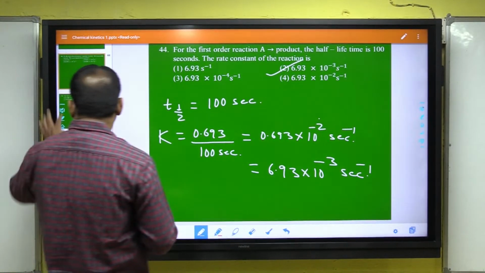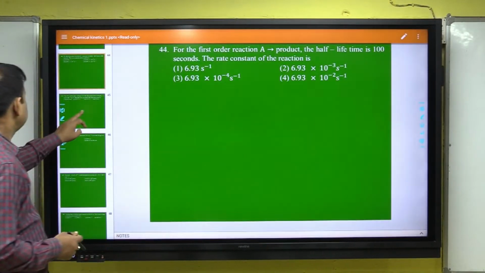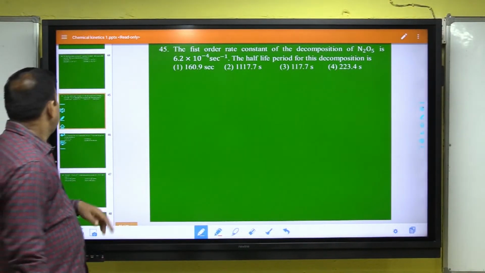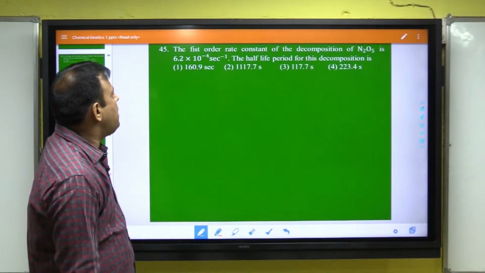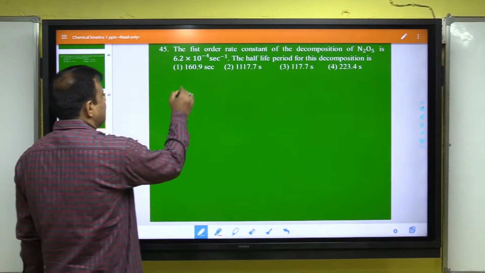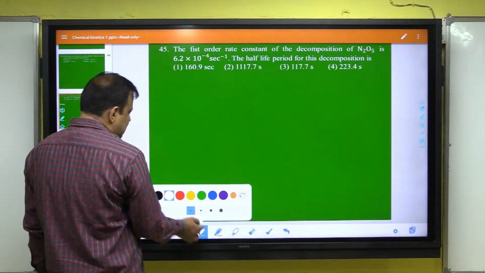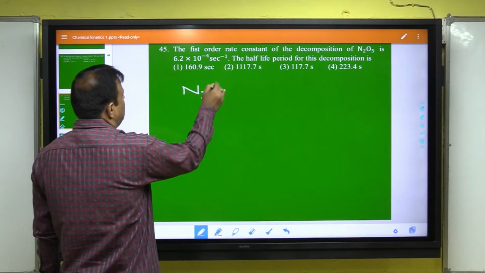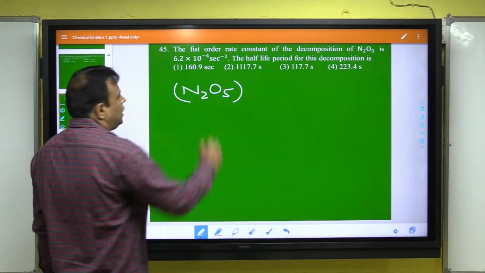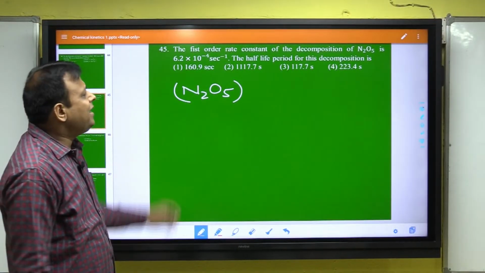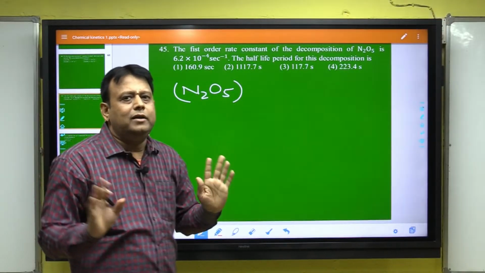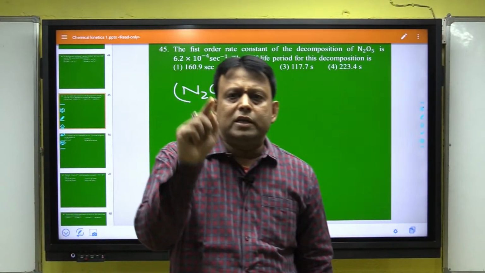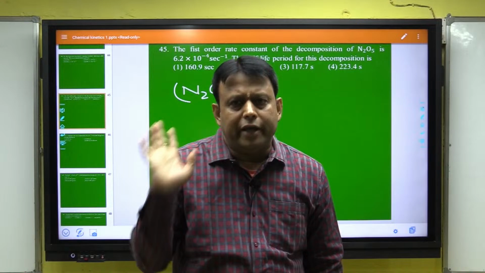Question number 45. The first order rate constant for decomposition of N2O5. Listen, always keep in mind, N2O5 is a first order reactant, and decomposition of N2O5 is a first order reaction.